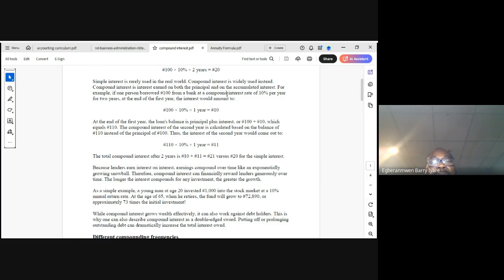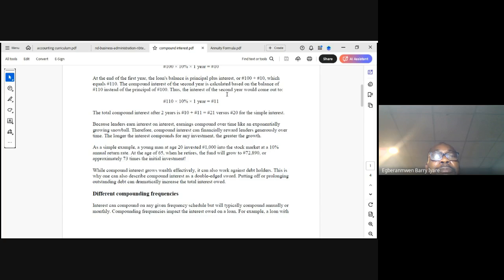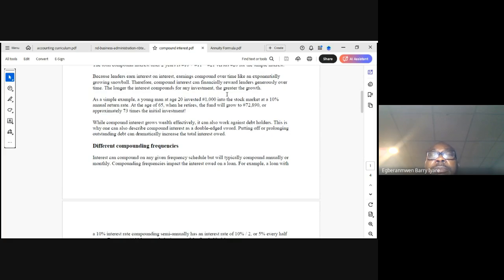Now, let's look at a simple example. A young man at the age of 20 invested 1,000 naira into the stock market at a 10% annual return rate.